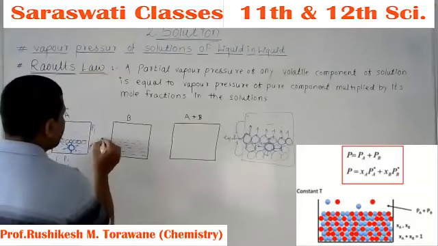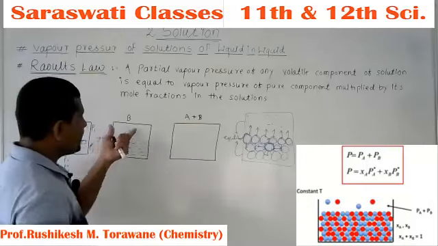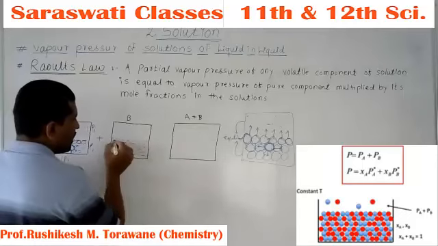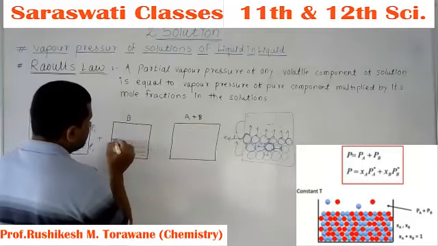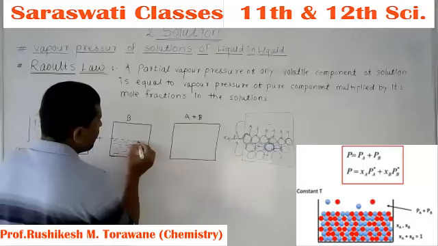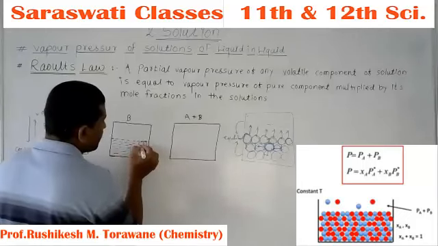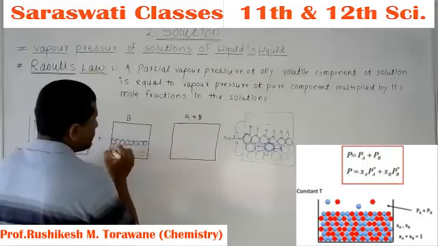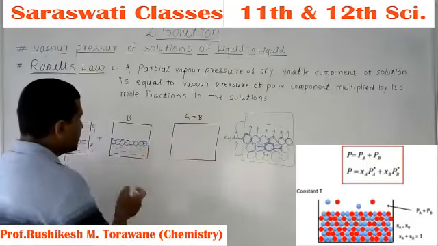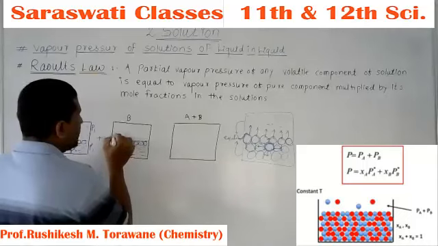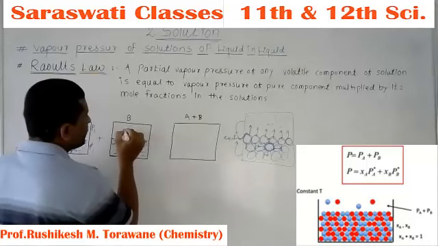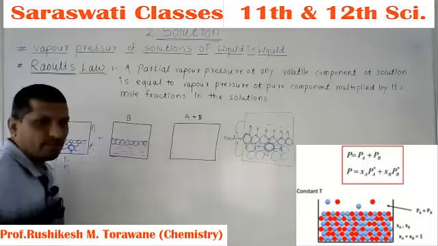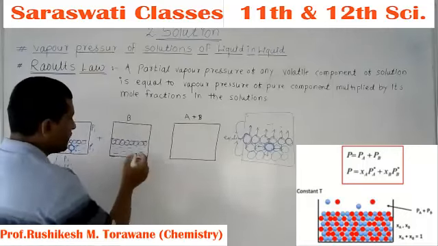In a similar way, for component B, substance B liquid, the upper layer of the liquid is also evaporated easily, and the gaseous molecules are collected in the empty part of the closed vessel.